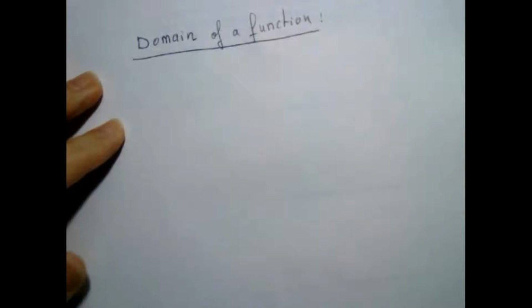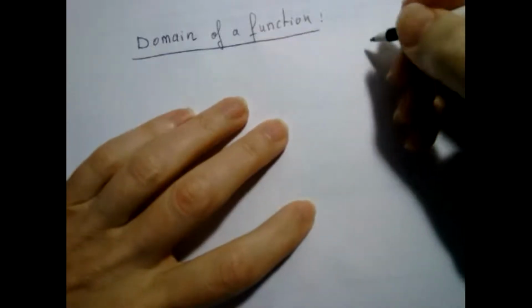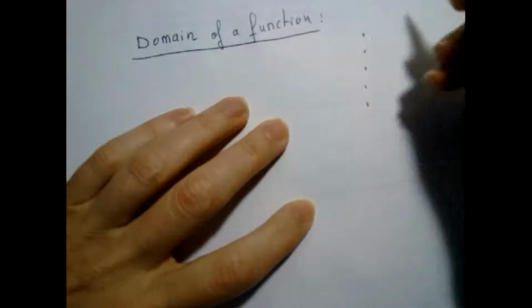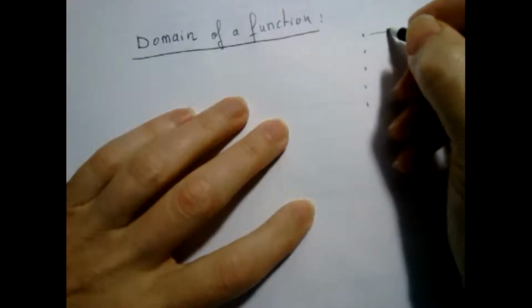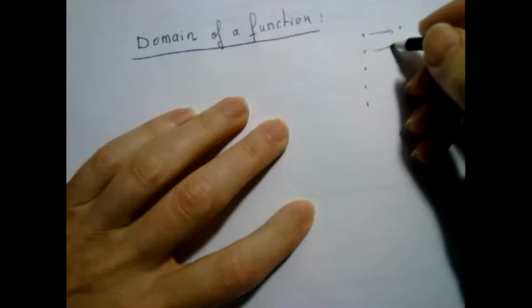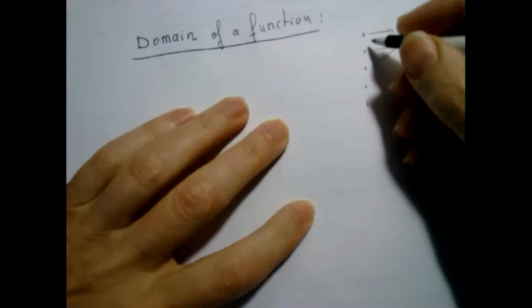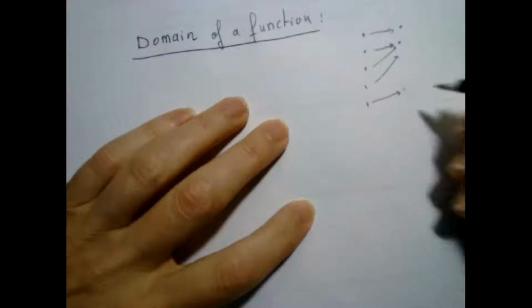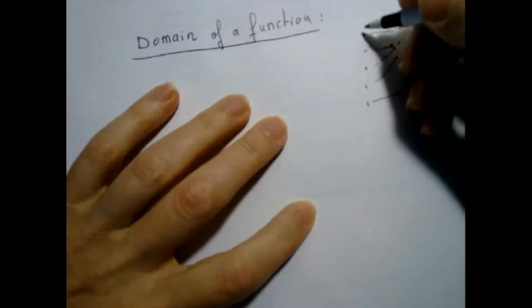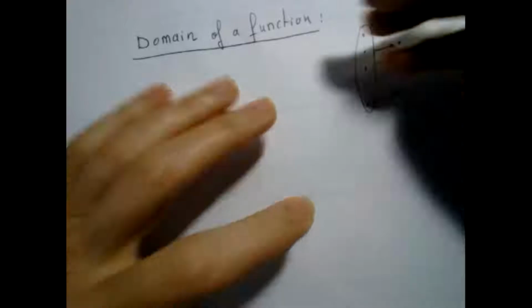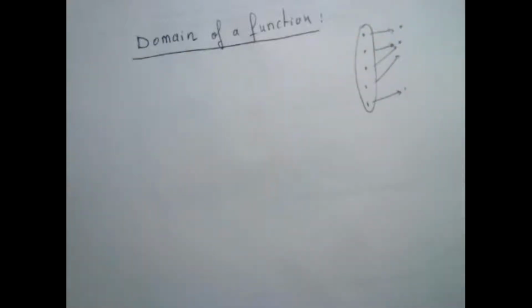So what's the domain of a function? Remember, the function is a rule. It takes certain input values, certain objects, and assigns to each one of them exactly one object. That's really the idea. The domain is all those input values, all of them, a collection of them.